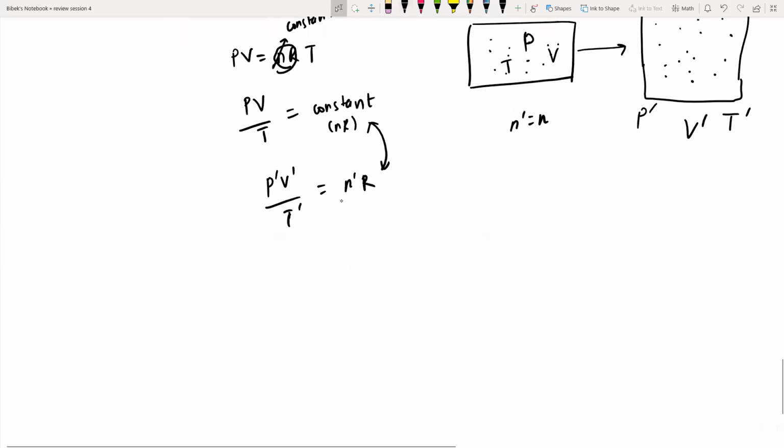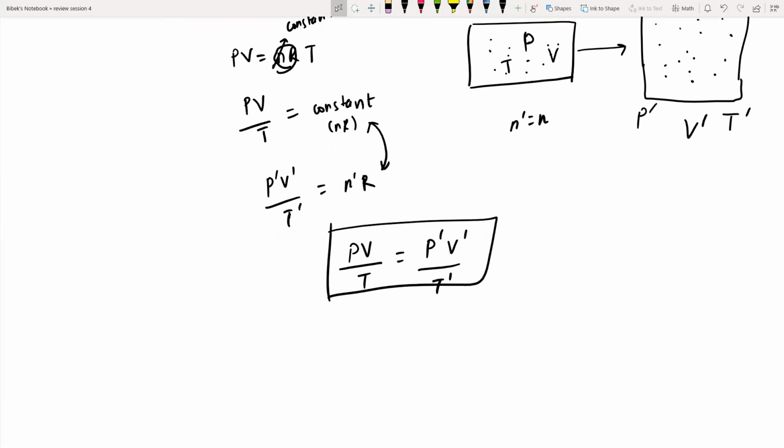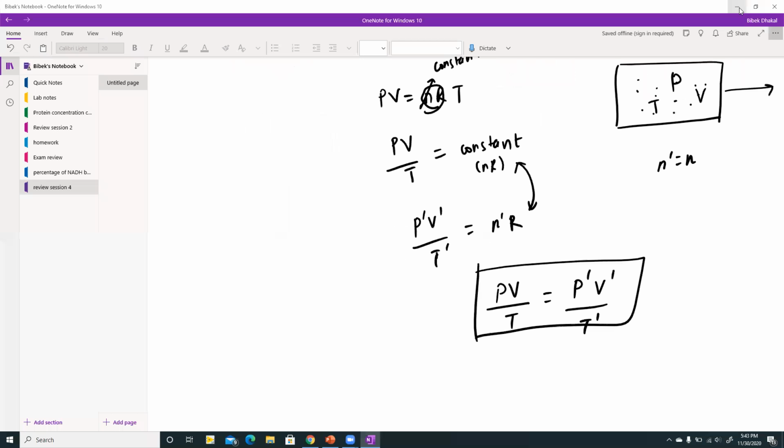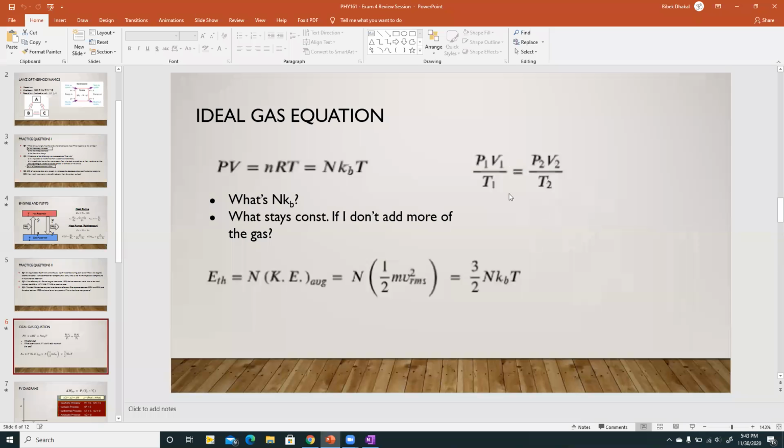Then you'll get this equation, PV over T is equal to P prime V prime over T prime. And this is another important equation that you need to remember. If you are given the initial pressure, volume, temperature, and the final pressure and volume, you can find the temperature or volume, depending on what you are asked. So if you have initial pressure, volume, and temperature, you'll have a final pressure, volume, and temperature given by this equation.